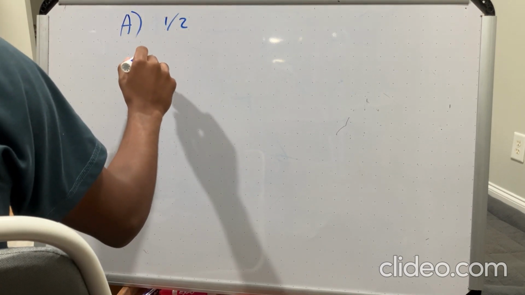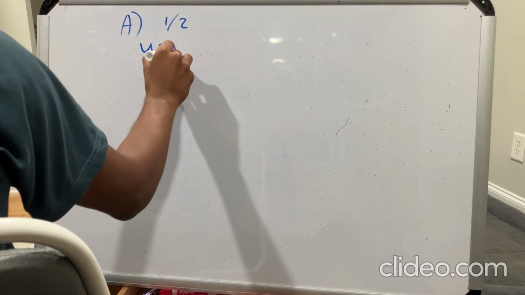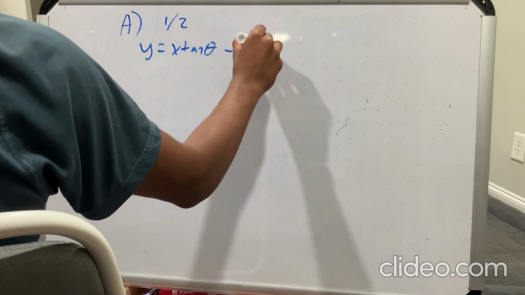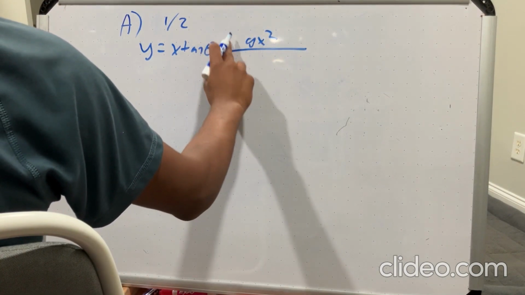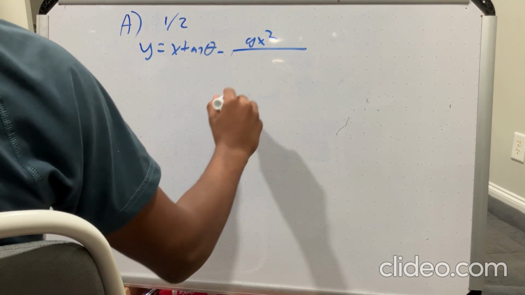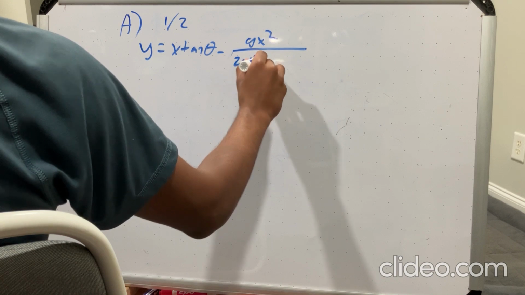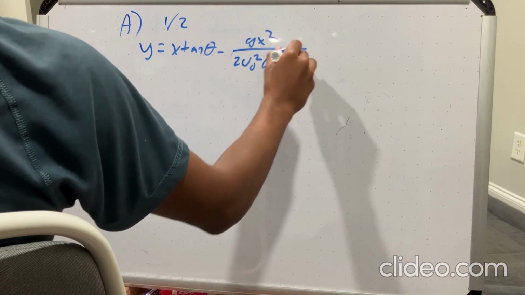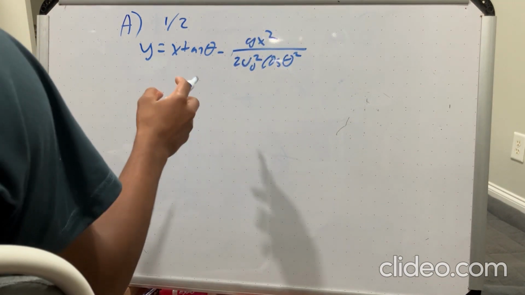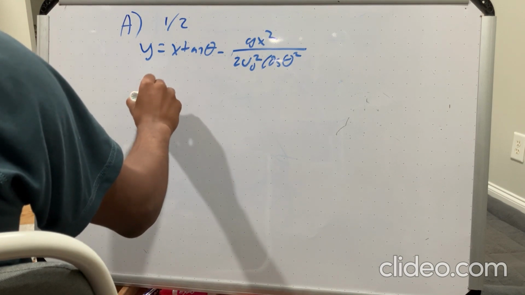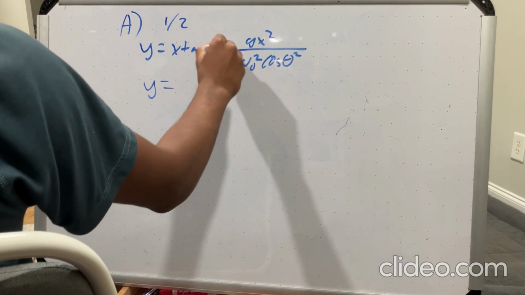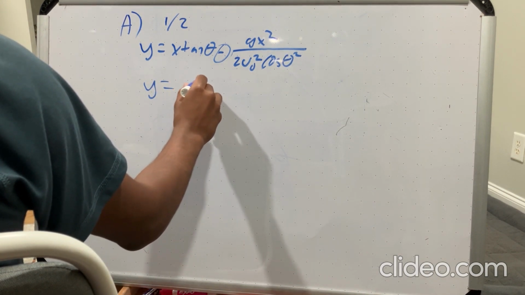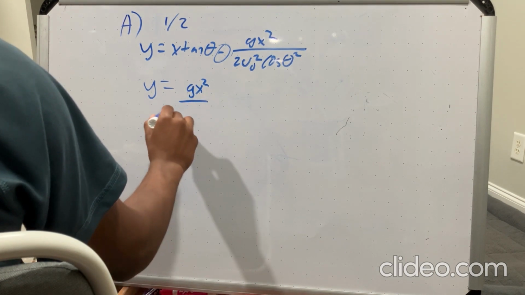The answer key's equation is y equals x tan theta minus gx squared all over 2 v naught squared cosine squared theta. So we unfortunately messed up the subtraction. I do not know how, but gx squared over 2 v naught squared.